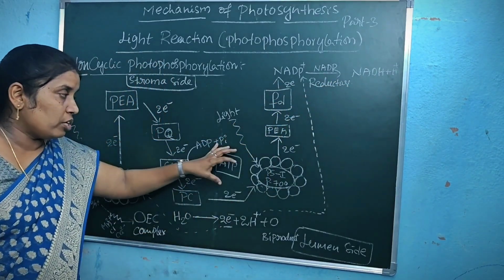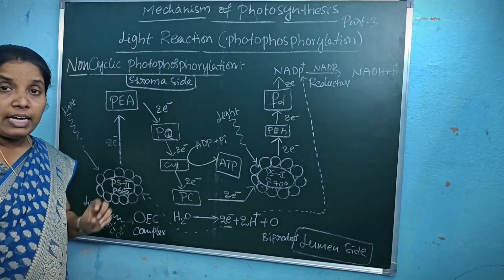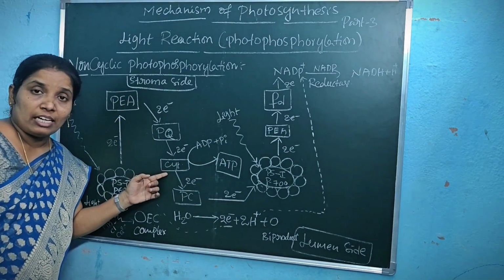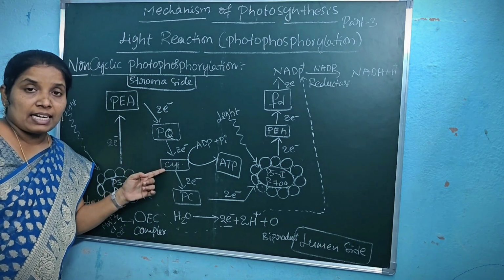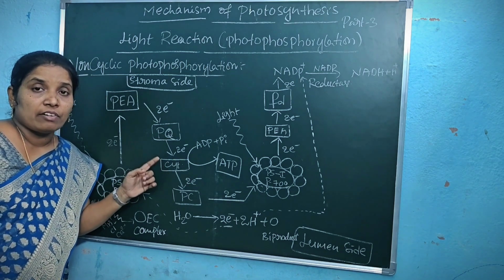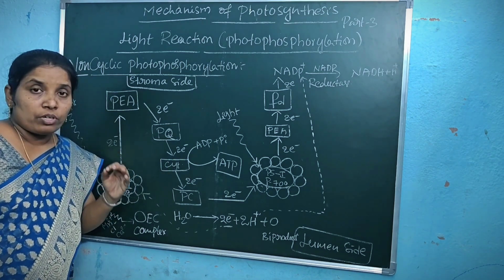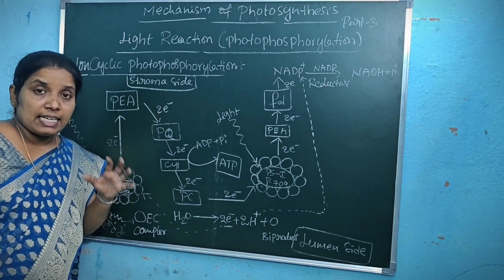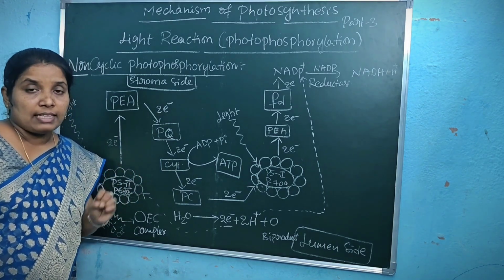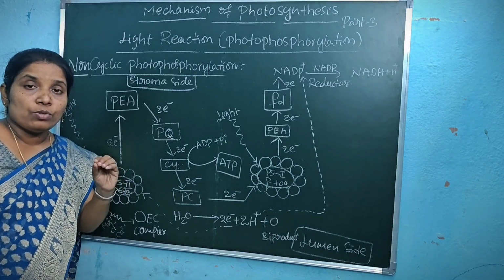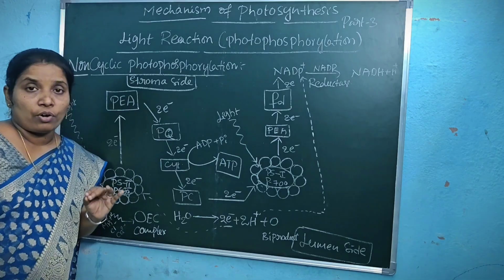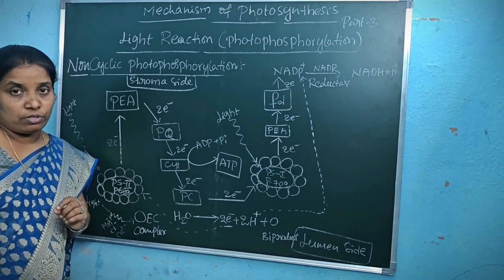ATP, the energy molecule, is released when the electrons pass through the cytochrome complex. The energy is released in the form of protons. When the protons pass back to the stroma, they release energy. That energy will be used up by the ATP synthase for the production of ATP molecules.